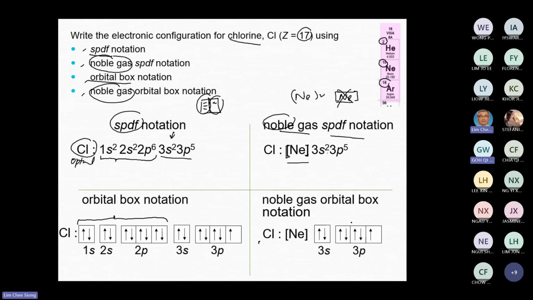Teacher, just now you said the 4s will be in front of the 3d, right? Correct. But when the question doesn't have 4s, but goes up to 3d, we just write 3s first, then 3p, then 3d. Now I'm talking about test one. Test one, once again, we won't involve 4s and 3d.